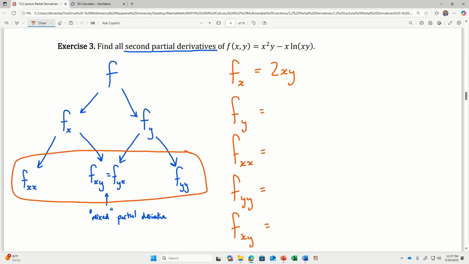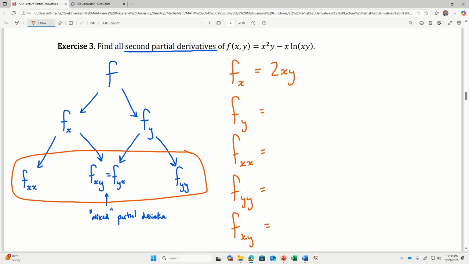Well, that sucks. It's not 1. Minus y over x, 1.